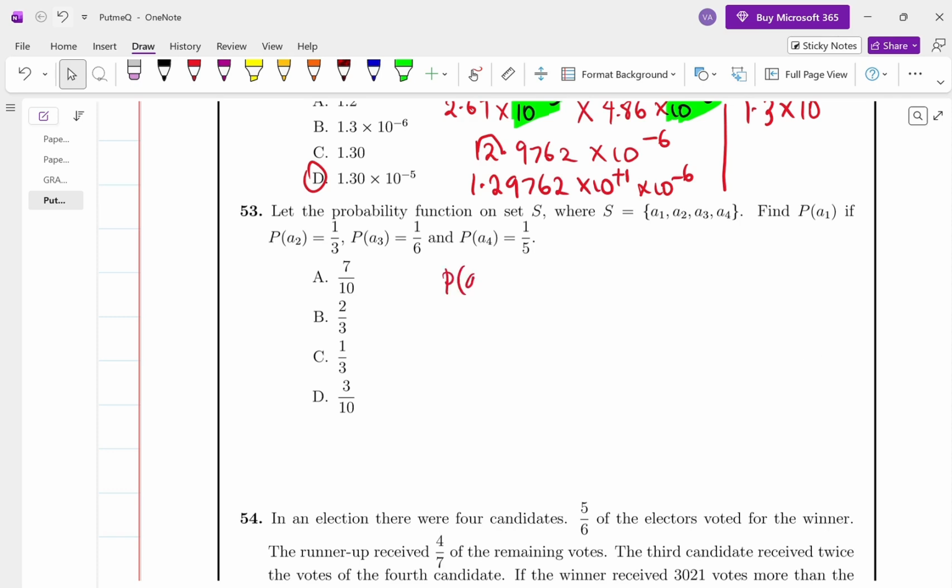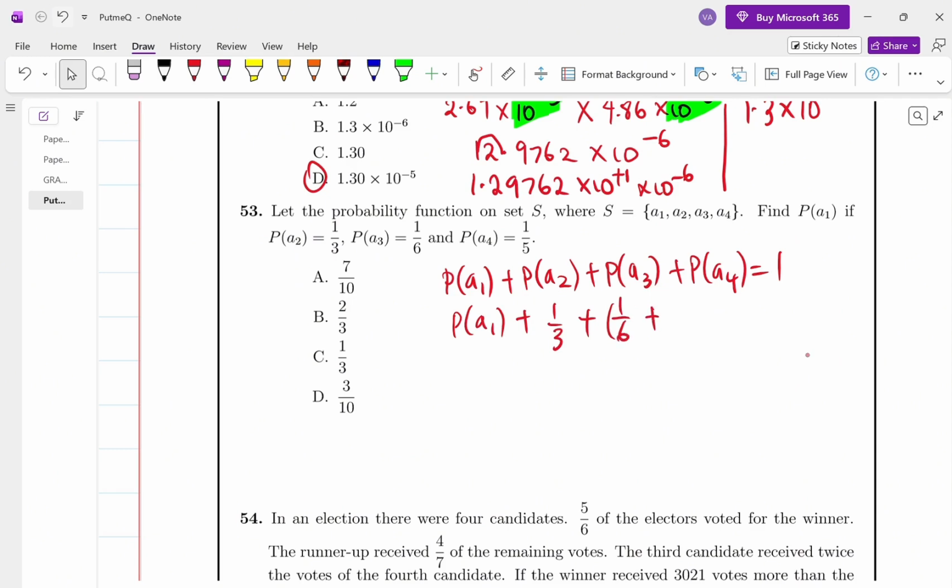So probability of A1 plus A2 plus A3 plus A4 should give you 1. Probability of A1 is what we're looking for. A2 is 1 over 3, A3 is 1 over 6, A4 is 1 over 5, equal to 1.